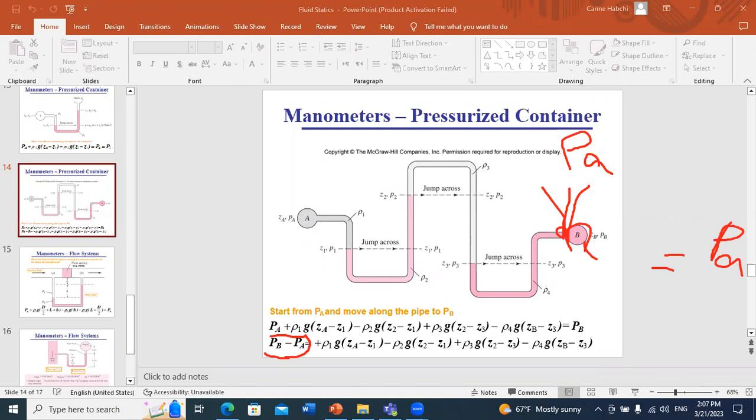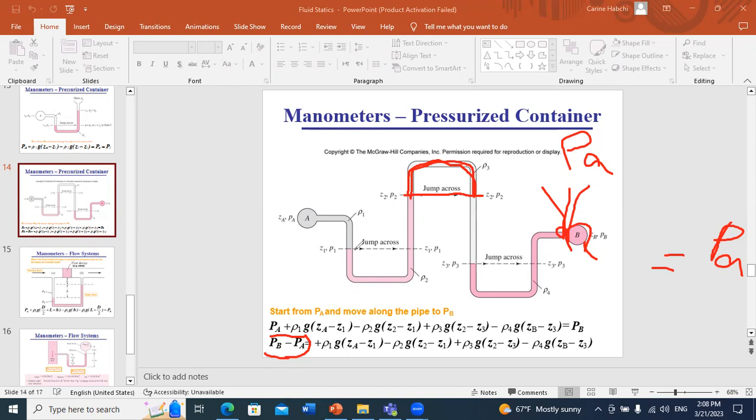Other question? Yes. How did we jump across when it is a different fluid? No, the jump across here, Mohamad, this is not a different fluid; you can go from here to here. It's the same color, so it's the same fluid, and you can jump from this point to this one.